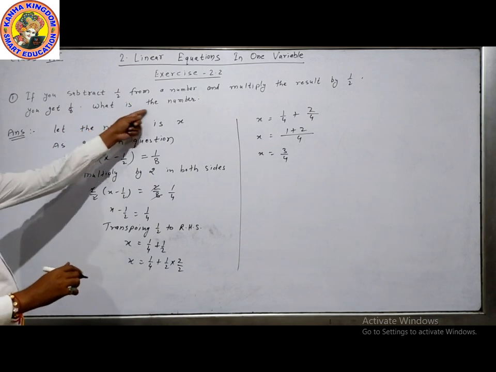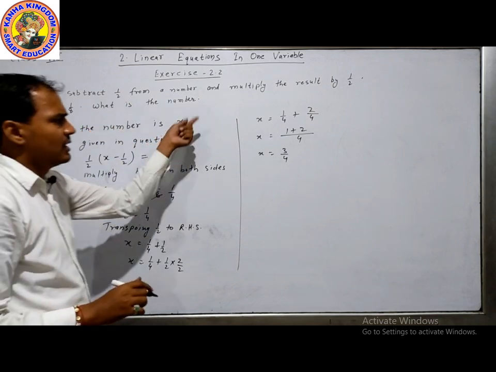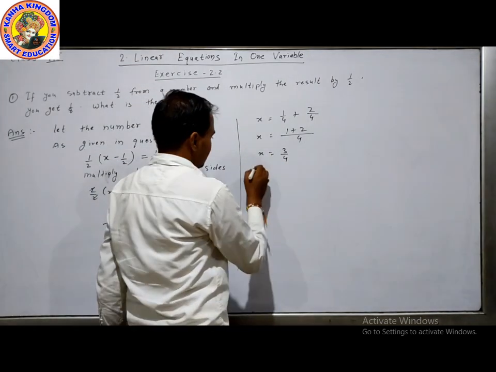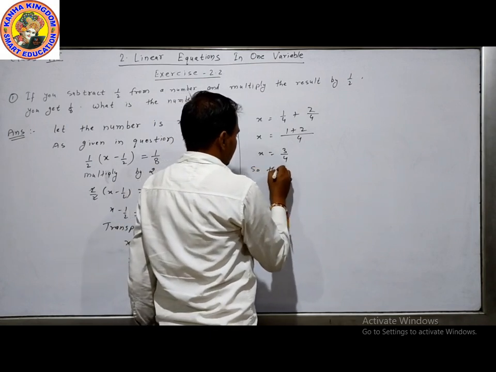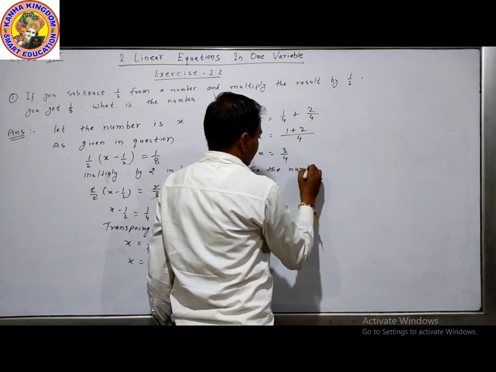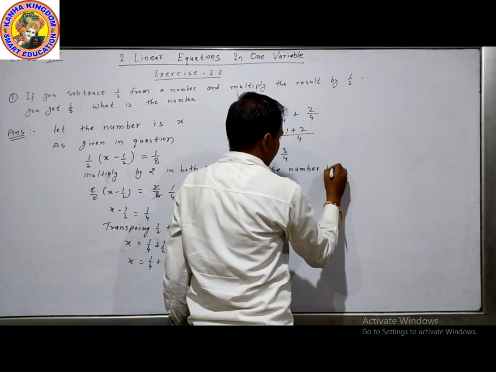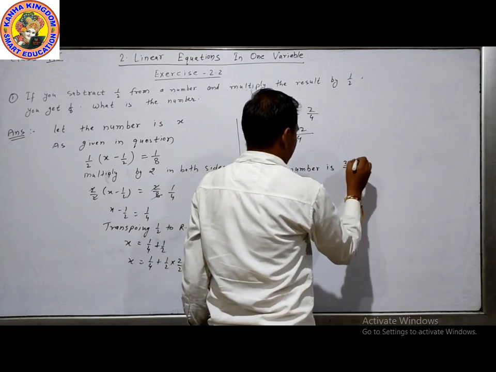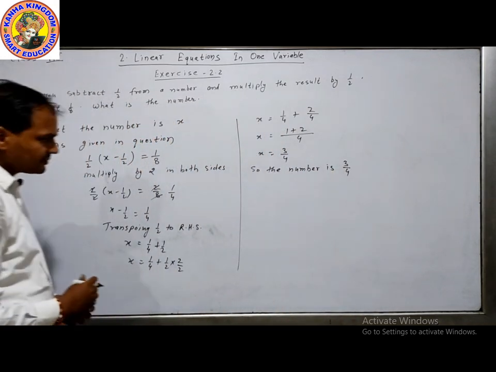Our question: what is the number? The number is x, so the answer is 3 by 4. So the number is 3 by 4.